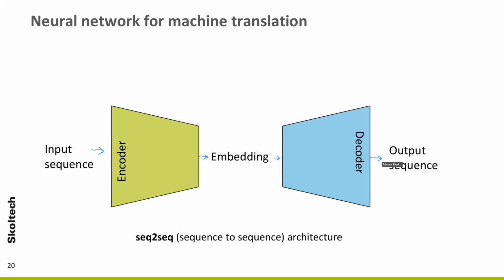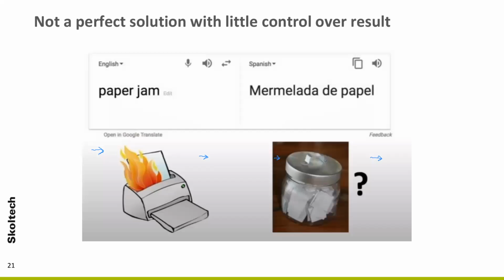And as we have a big sample of pairs of inputs and outputs, like a sentence in one language and a sentence in another language, we can train this model to have a reliable encoder and decoder that together produce a reasonable output. And as we have a sequence as input and a sequence as output, we have a sequence to sequence architecture.